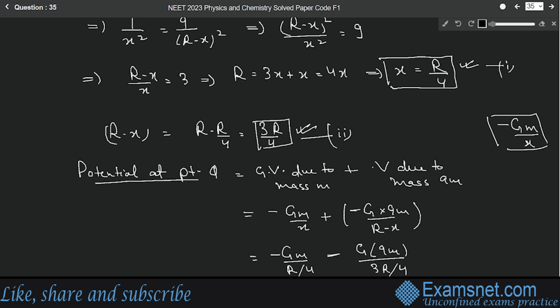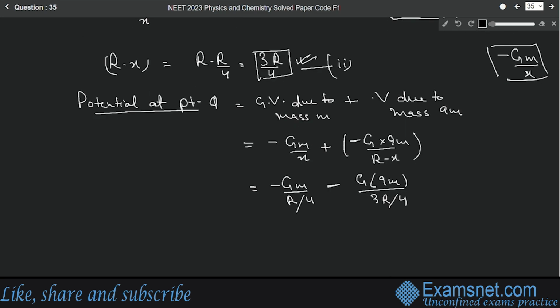We'll further solve it to get the final potential. So here it will be minus 4GM by r, and this side it will be minus 12GM by r. You got it how?